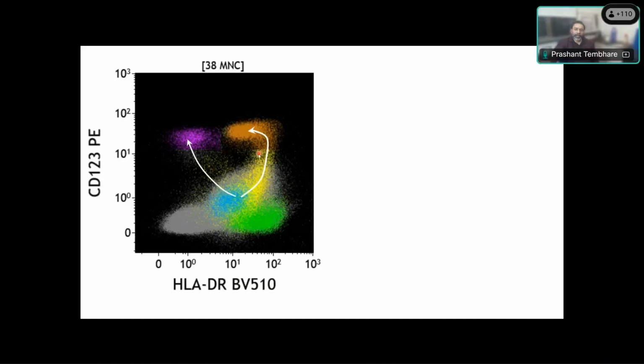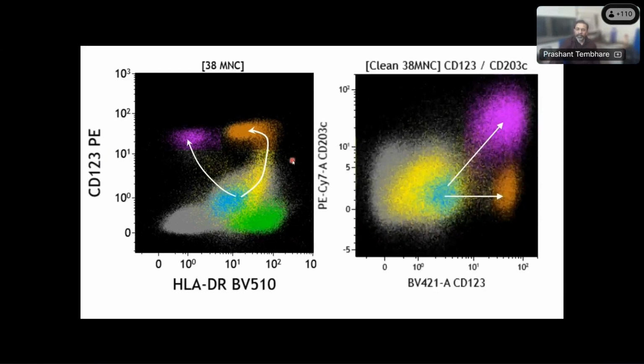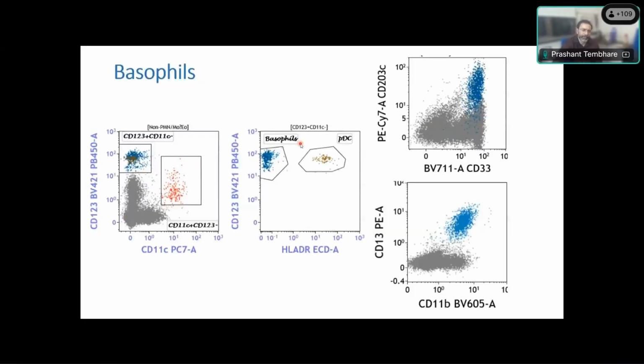Myeloid dendritic cells usually fall here: they are CD123 weak and HLA-DR positive, and typically CD11C positive. The same way, if you take CD203C and CD123 combined, the cells which are CD123 and CD203C positive are basophils, and the cells which are CD203C negative but CD123 positive and HLA-DR positive are plasmacytoid dendritic cells.